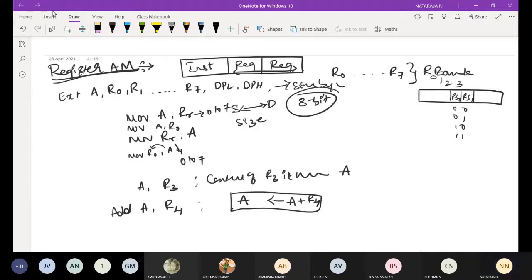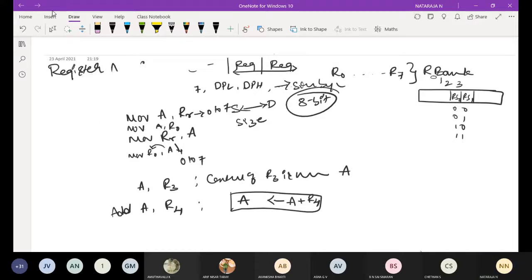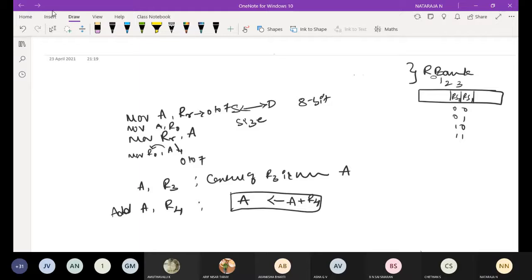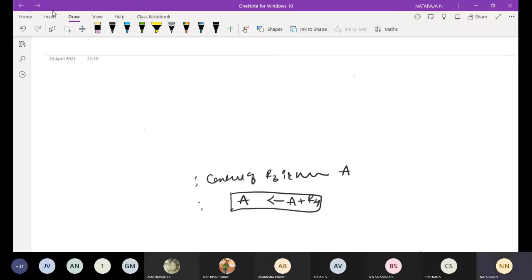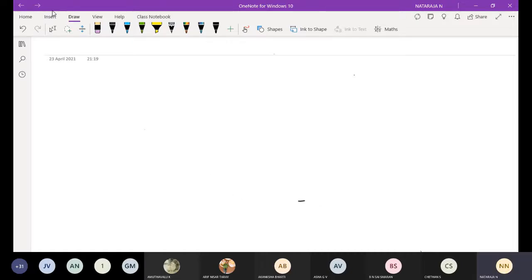What are the invalid examples? MOV R1, R2. MOV R1, R2 is invalid.